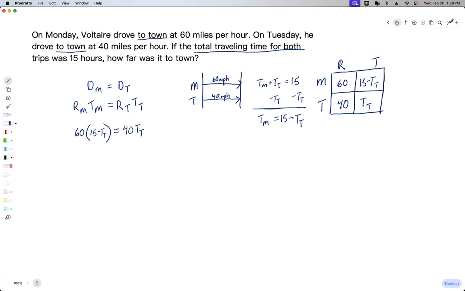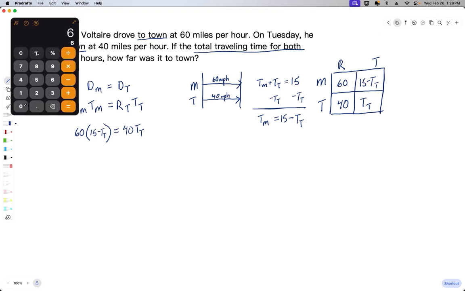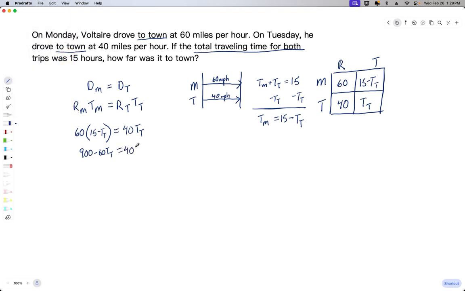I don't know what that is. It's a really big number. 60 times 15 is 900. Minus 60 times the time on Tuesday, because this is a negative, this is a negative. And that equals 40 times the time on Tuesday.